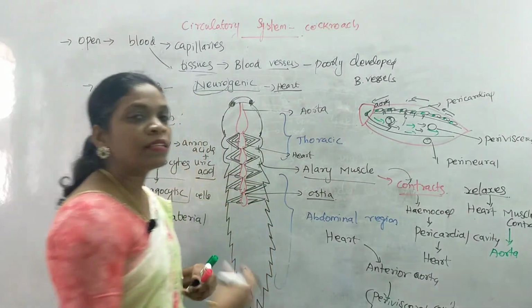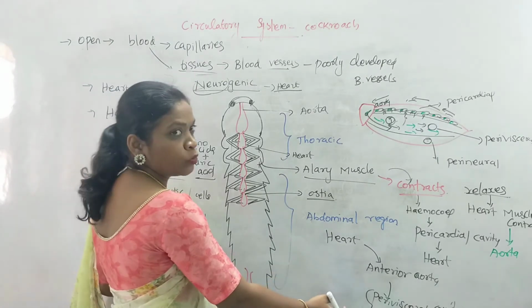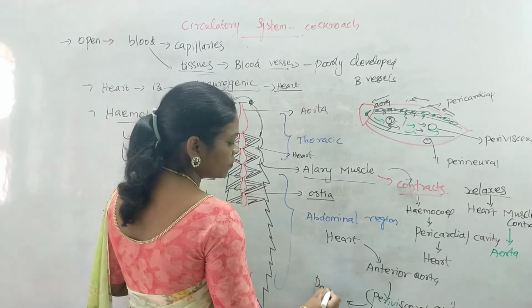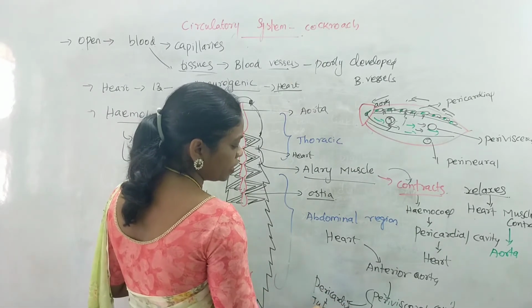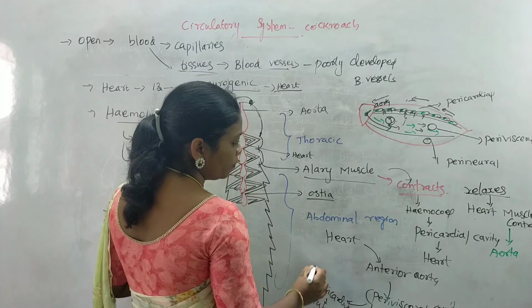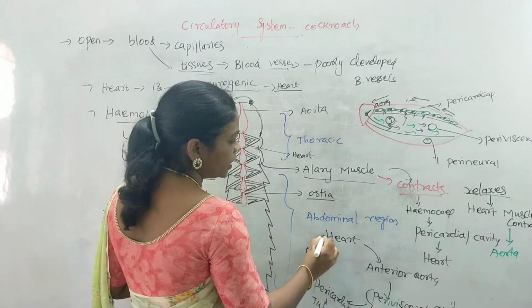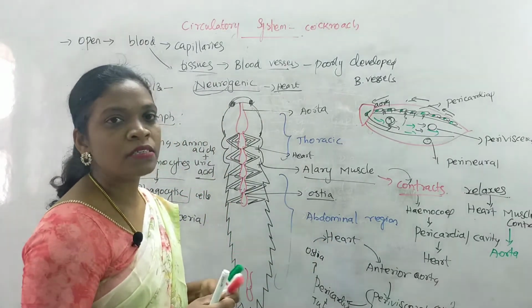That is, they supply the nutrients or they collect the waste material from the perivisceral and perineural cavity, and finally they enter into the pericardium, where you can find a tubular heart. From the pericardium they enter inside the ostia. From the ostia they enter inside the heart of the cockroach. This is how the blood is supplied in cockroaches.